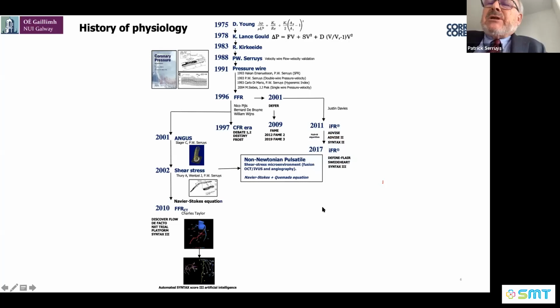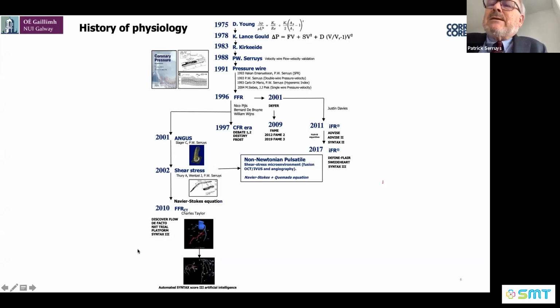But after that, what happened is that suddenly Charles Taylor from Stanford developed the FFR-CT, based on the complex Navier-Stokes equation and computational fluid dynamics, with a series of trials: DISCOVER-FLOW, DeFACTO, NXT trial, PLATFORM, SYNTAX 3.